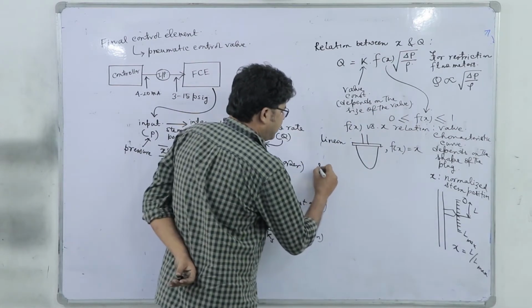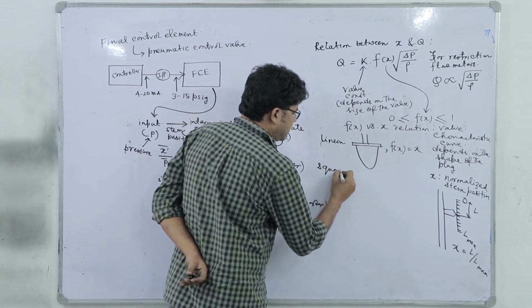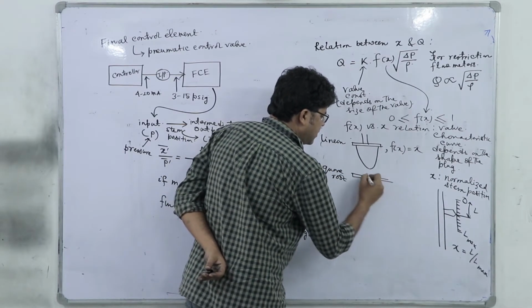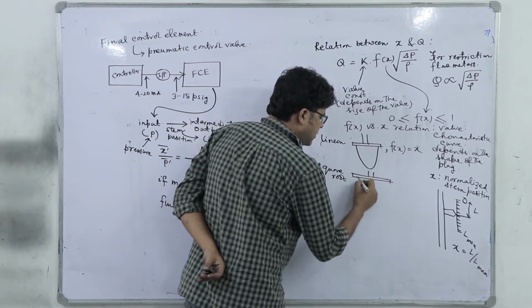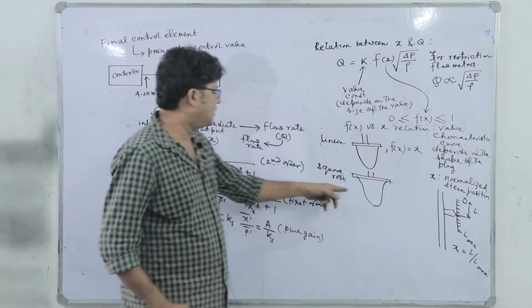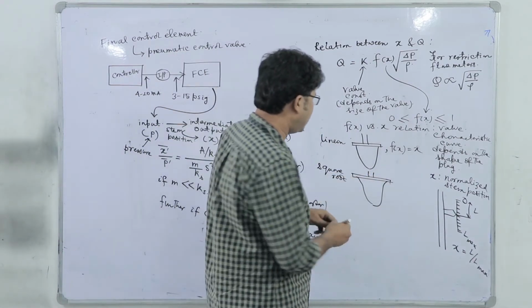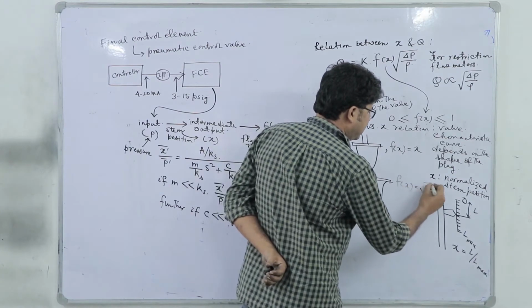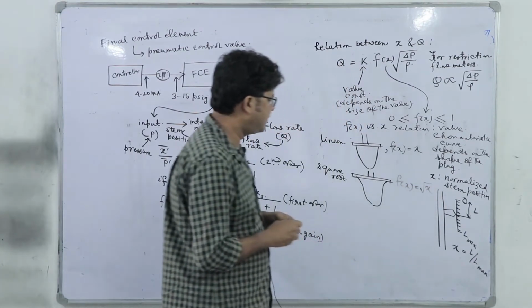Now we can have square root. It looks like this. For the square root, which tentatively looks like this, the relation is f(x) is equal to under root of x.